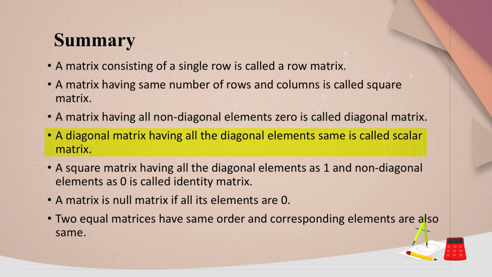A diagonal matrix having all the diagonal elements the same or equal is called a scalar matrix. A square matrix having all the diagonal elements as 1 and non-diagonal elements as 0 is known as an identity matrix. A matrix will become a null matrix if all the elements are 0. Two equal matrices will have the same order and the corresponding elements are also the same.